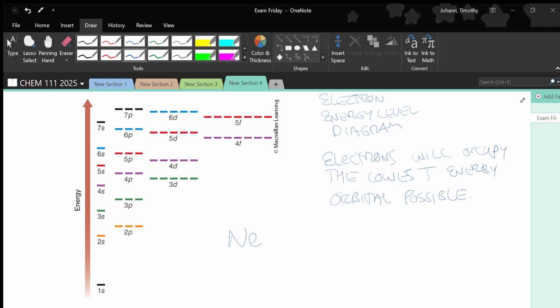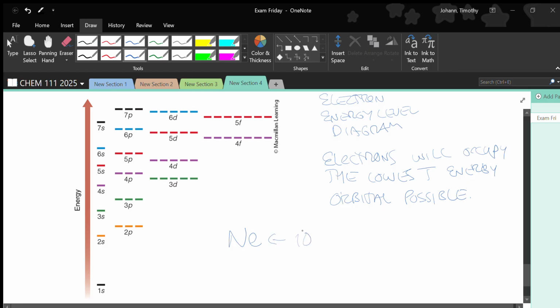How many protons does it have? You over here, hopefully you have your periodic table still. Yeah, Damari. 10, right? It has 10 protons. If it's neutral, it has 10 electrons, right? So we're going to say 10 electrons when neutral, uncharged. So we need to put 10 electrons into this diagram.